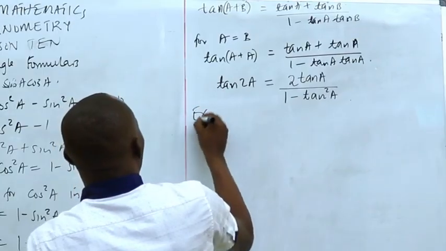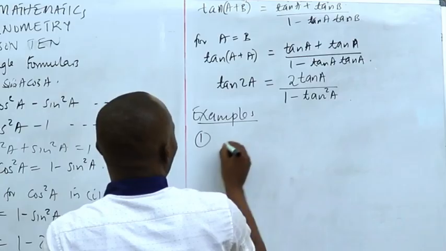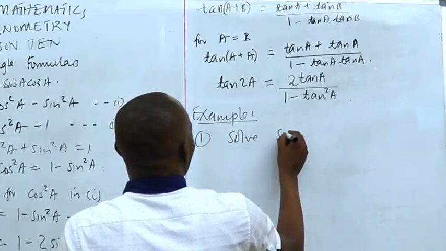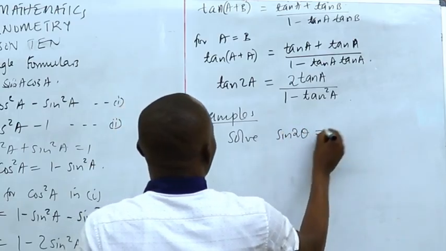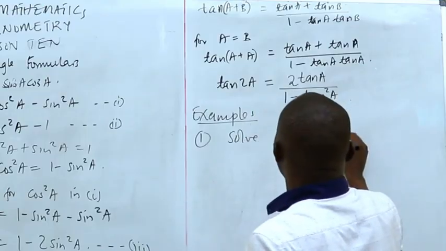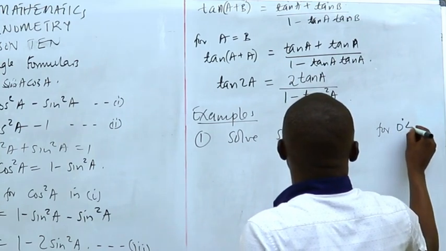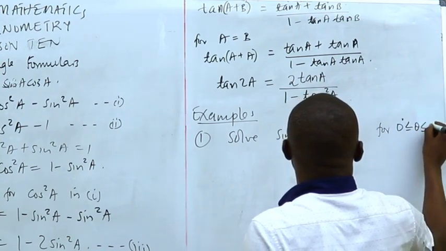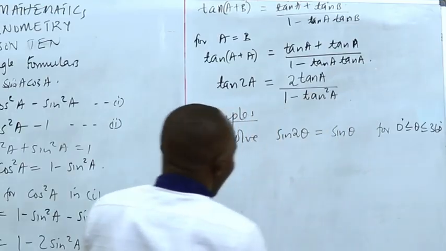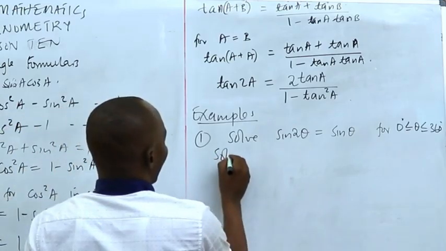Let's see how to apply those double angle formulas. Example 1. Solve sine 2 theta is equal to sine theta for 0 degrees less or equal to theta less or equal to 360 degrees. Solution.